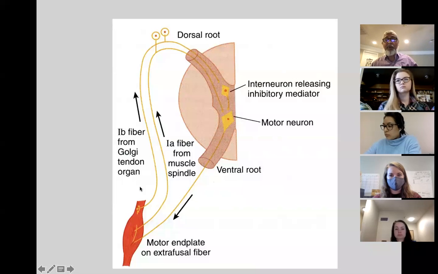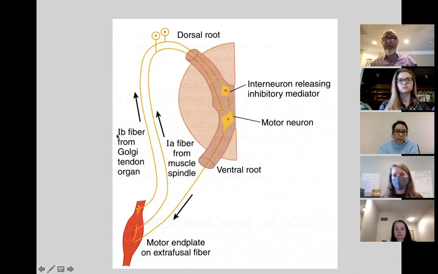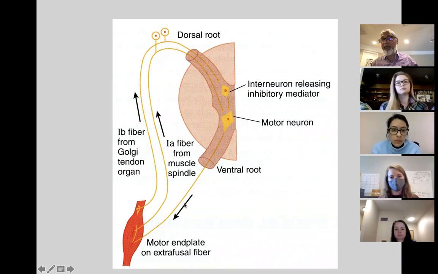Why? How is that mediated? That one is mediated through Golgi tendon organ stimulation, and that is carried by type 1B fiber. And sensory signal from the muscle spindle is carried by 1A fiber. And the motor neurons are composed of type 1 alpha fiber, right? You don't have to memorize them, but this part is absolutely important.